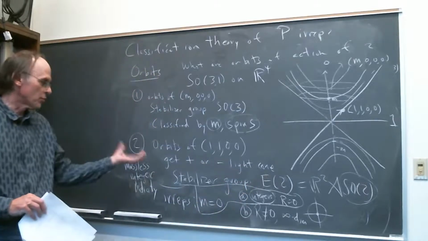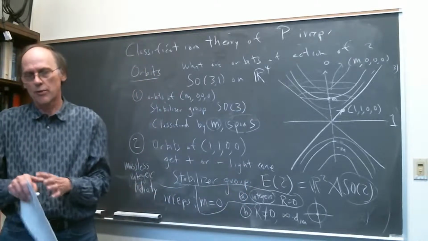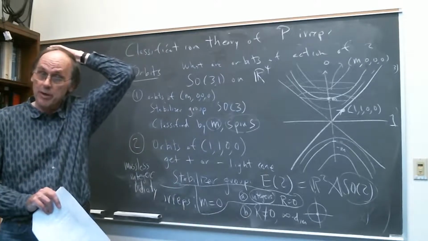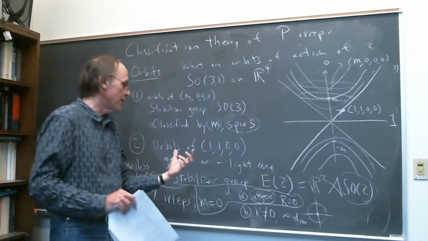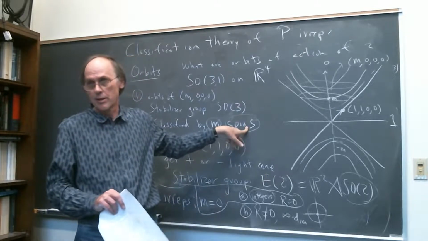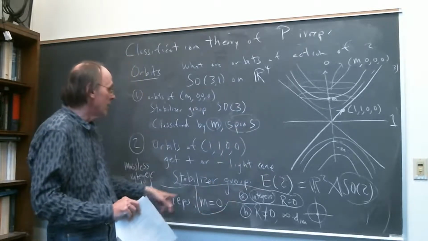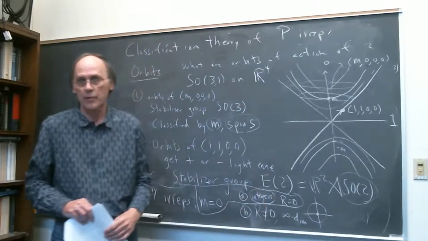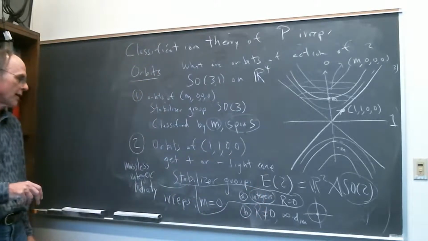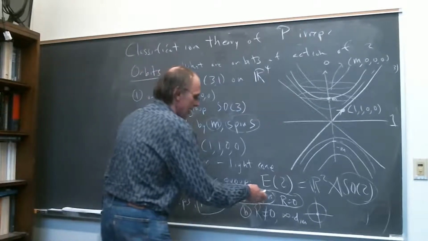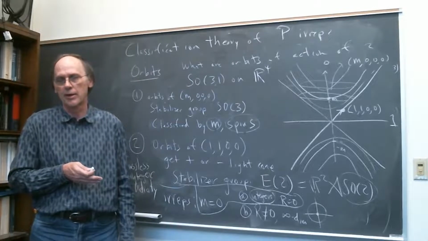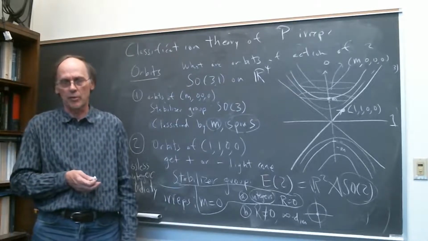And so this is one thing you know about. We're going to be able to write down theories of massless particles, relativistic massless particles, and they're not going to be classified by a spin. They're going to be classified by an integer, the helicity. And if you want, you can go back and try and figure out what that integer corresponds to, a value of the second Casimir, and you can compute that if you want.